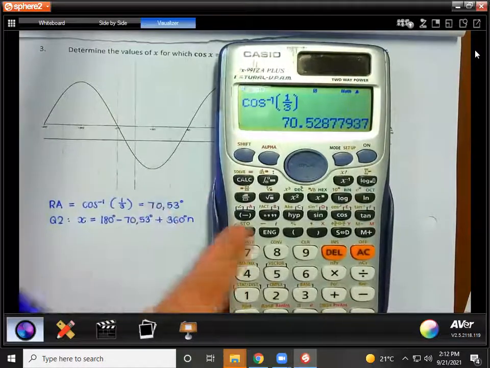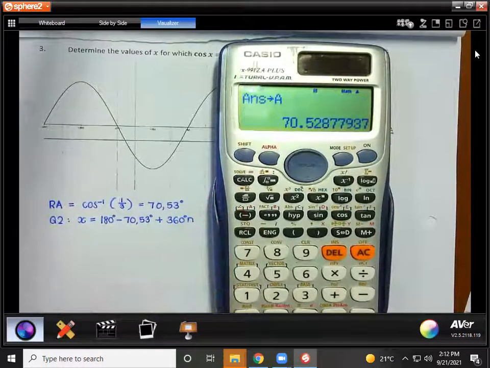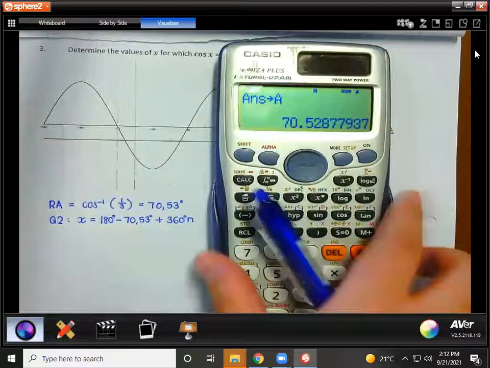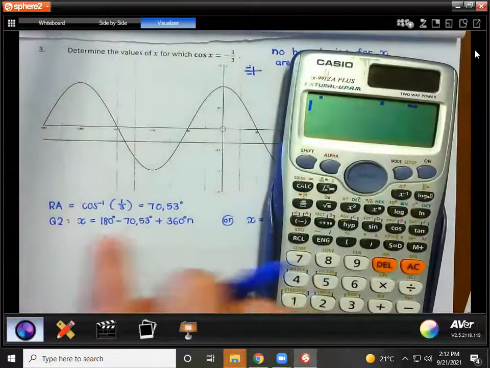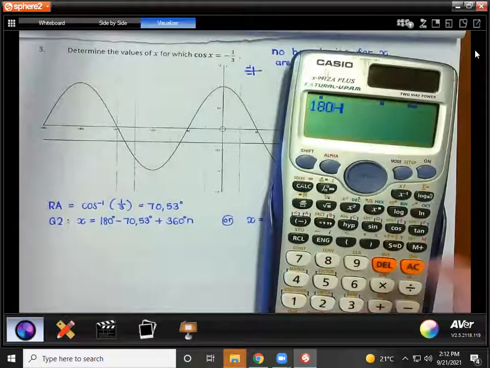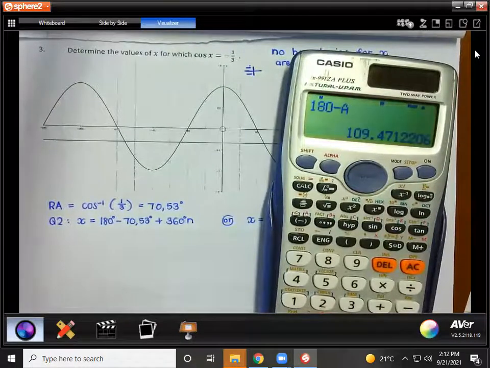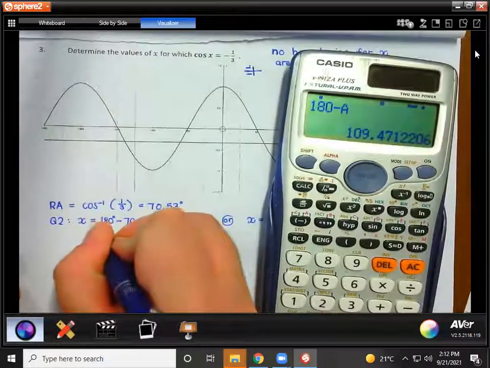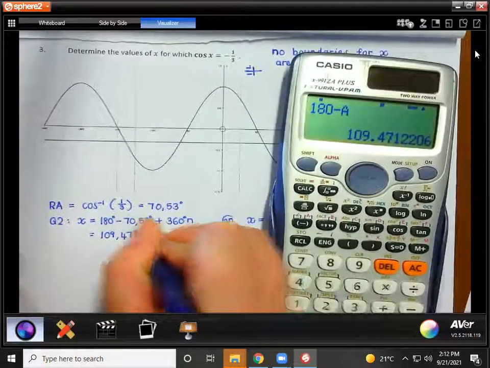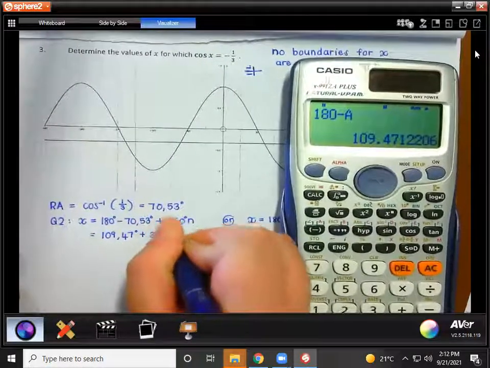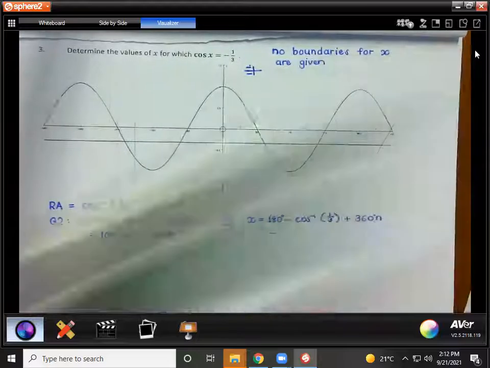Shift, store, A. All right. Now I can clear it and I can use it anytime. All right, so we need to just calculate this. 180 minus A is equal to 109.47 degrees plus 360n.